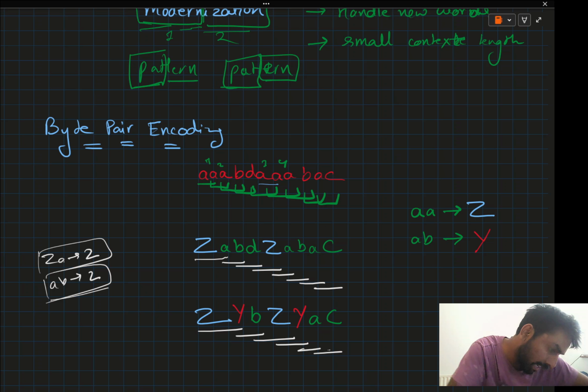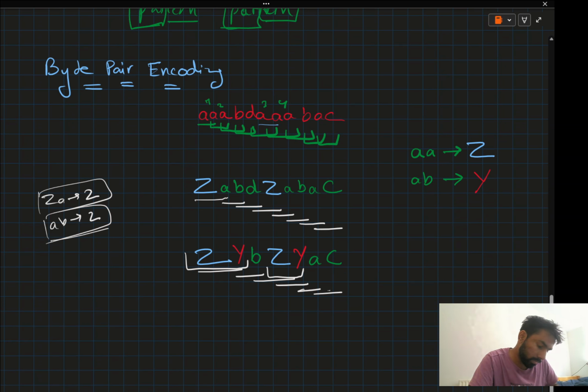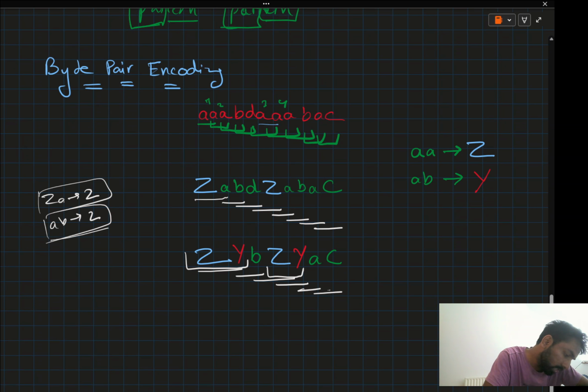So we see that ZY is repeating two times. So now we'll rewrite it.